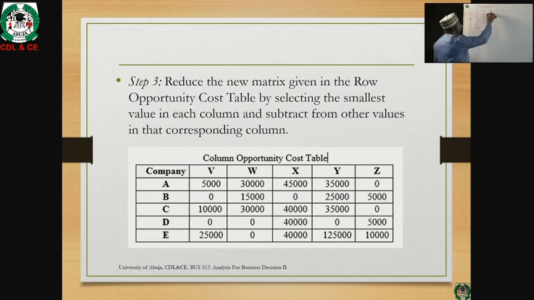The X column, we have 45, 0, 40, 40, 40. Then we have 35, the Y. We have 25, 35, 0, and 125. Then the Z column, 0, 5, 0, 5, and 10.